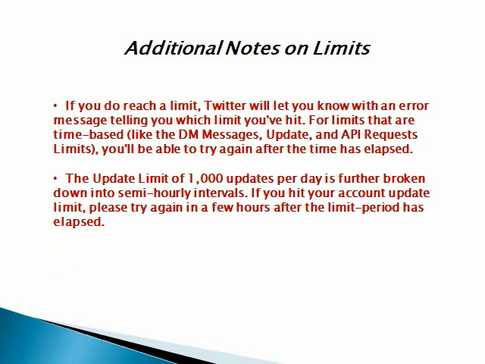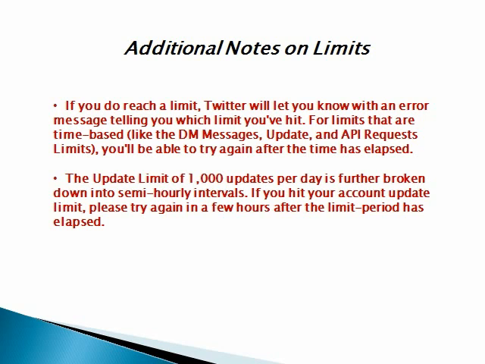And some additional notes, if you do reach a limit, Twitter will let you know. That was the error message that I showed you in the previous slides. And these limits are basically time-based. So there's limits on direct messages, updating, and API requests. And basically you're going to have to wait approximately an hour, and then you can come back in and start over again.